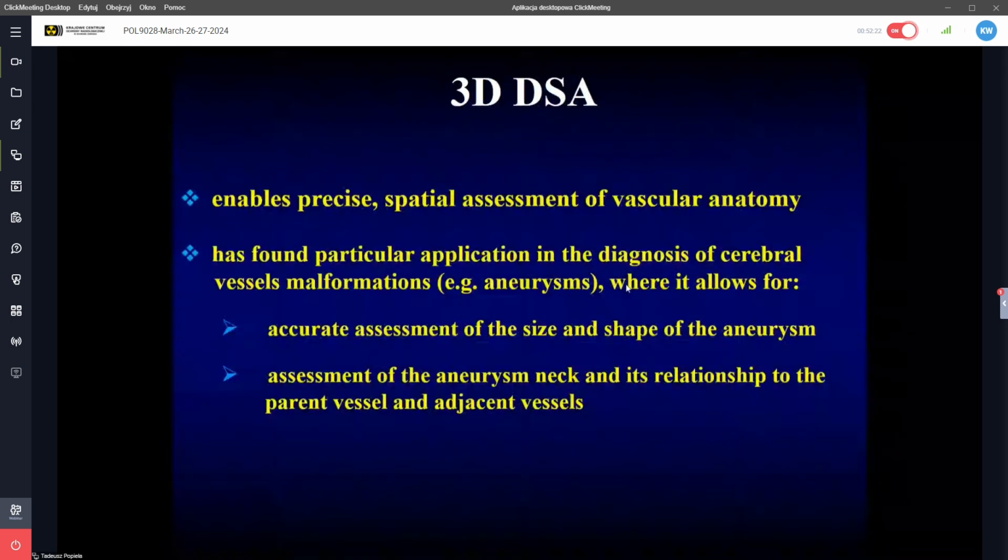And then, except for the single acquisition, we have something Professor Walewski again mentioned, the so-called 3D DSA, which enables precise and spatial assessment of vascular brain anatomy. We use it mainly for diagnosis and qualification for therapeutic procedures, mainly in aneurysm and malformation.